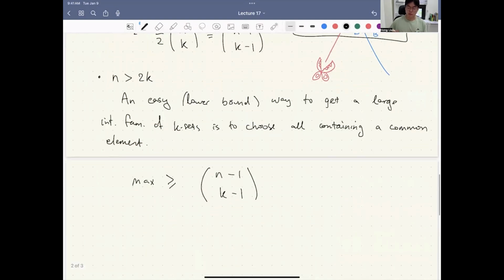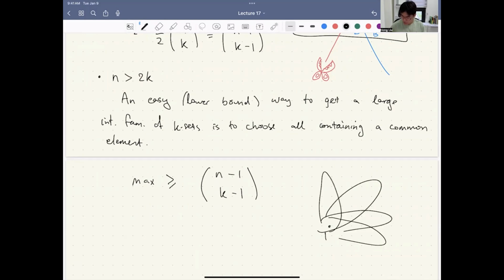And the Erdős-Ko-Rado theorem is saying that this easy construction containing a fixed element, let's say 1, all these k-sets containing element 1, is best possible.